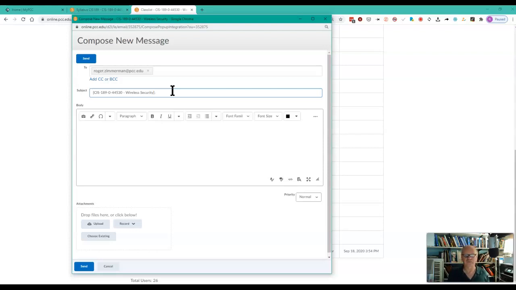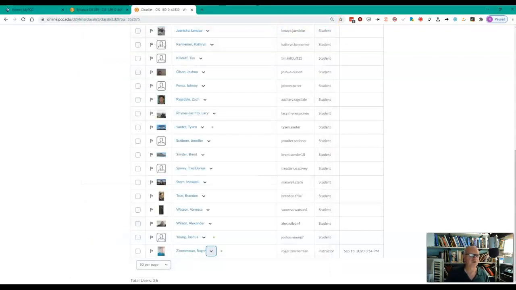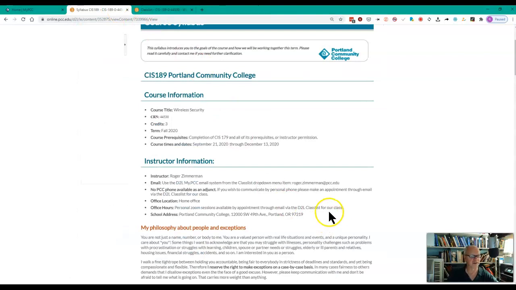Sometimes I have 4 different classes going, and I don't know what class you're talking about. When I have 100 different students and they say, I have a question about quiz 5, what in the world? I don't know what quiz 5 means if I'm in 3 different classes, and so this helps me to keep that straight. And that's why I ask you to do it through the D2L interface rather than just through your regular email.